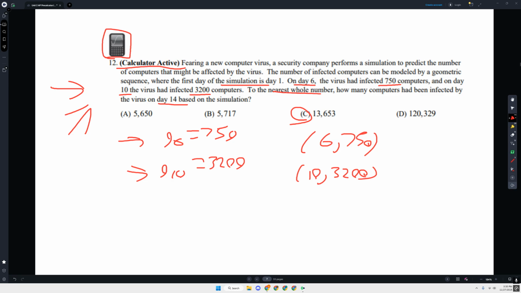It's supposed to be 750. It's just day 6 is 750. Not very good at drawing them.